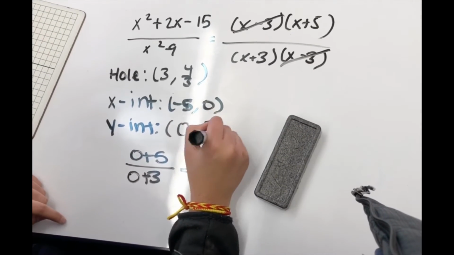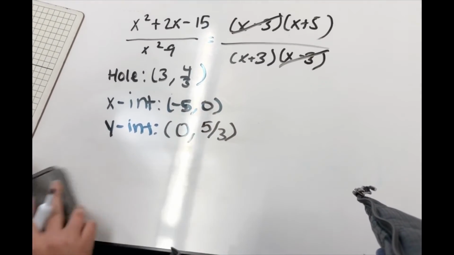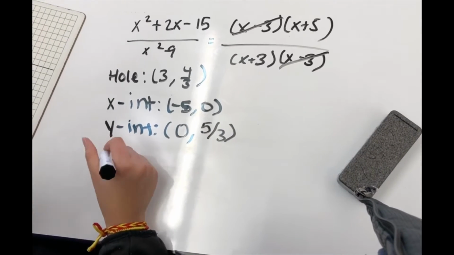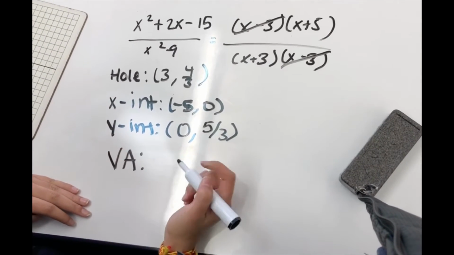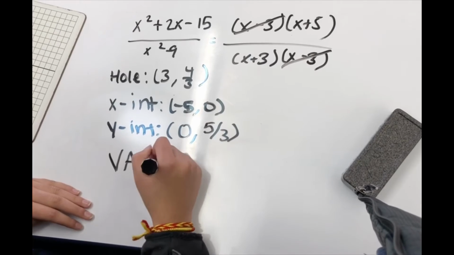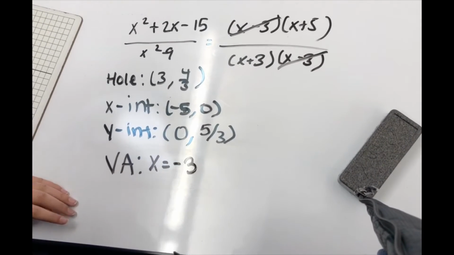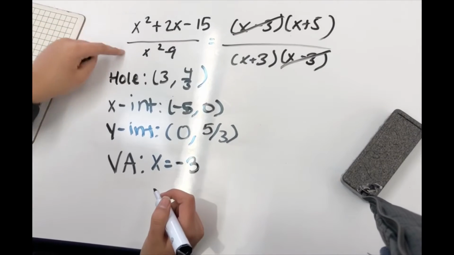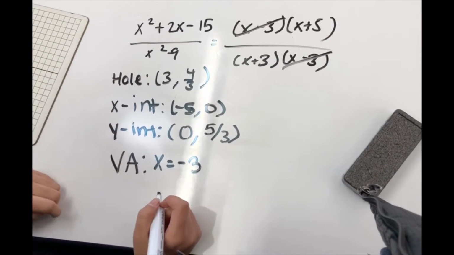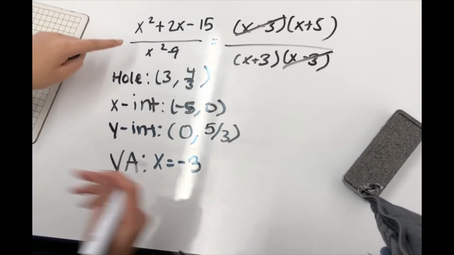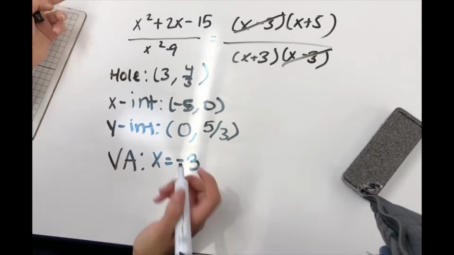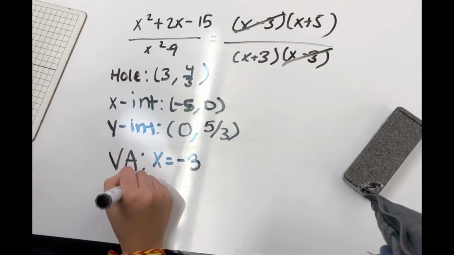The y-intercept is 0, 5/3. For the vertical asymptote, put x plus 3 equals 0, which will give you x equals negative 3. For the horizontal asymptote, as you have the same degree in the numerator and the denominator, you will use the ratio of the leading coefficients, making it y equals 1.